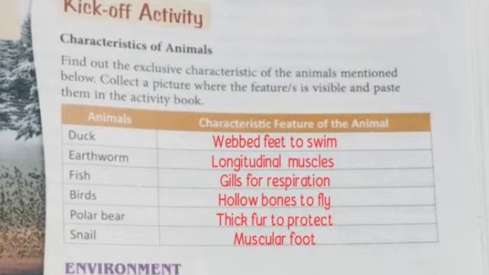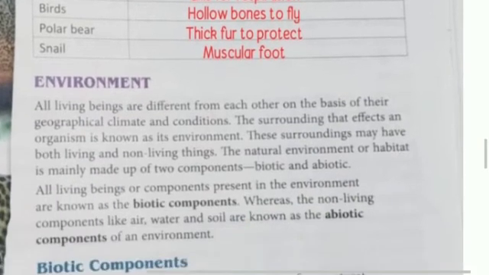Polar bear. Many characteristics. One is thick fur, which protects them from the extreme cold. Snail. They have a muscular foot through which locomotion occurs.